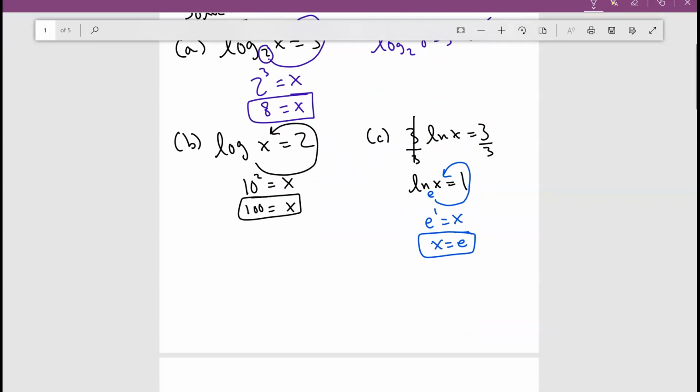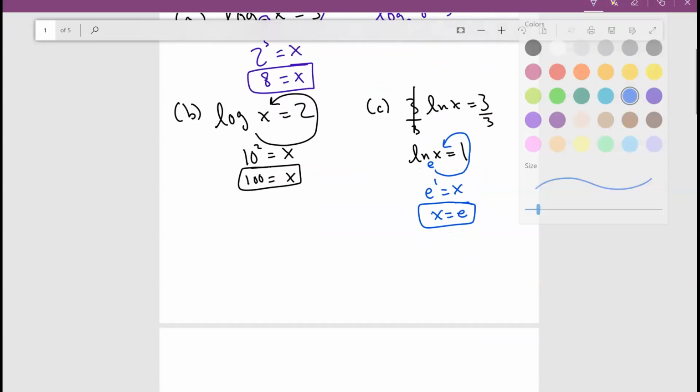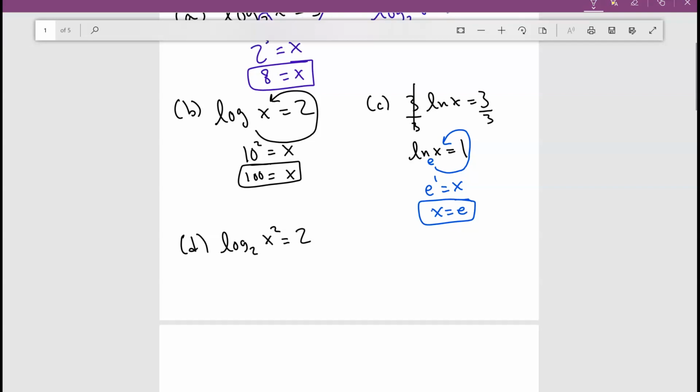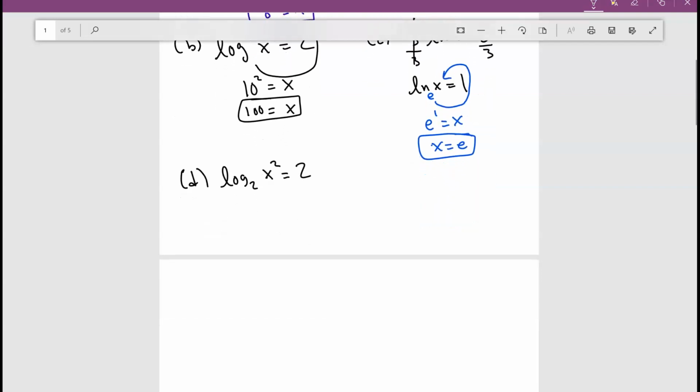So let's try one more. Part D: log base 2 of x squared is equal to 2. I'm going to do the same thing and swirl it around, so it's 2 to the second power equals x squared. 2 squared gives me 4, so 4 equals x squared.